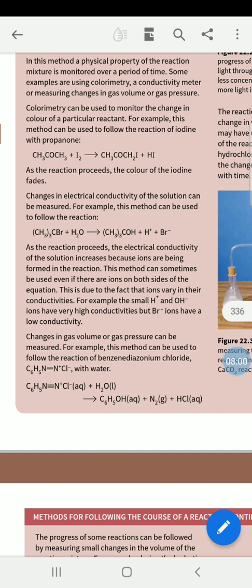You can write this example, (CH3)3CBr plus H2O giving (CH3)3COH plus H+ plus Br-. Because there are ions present, they will carry charges. As a result, the conduction will increase.